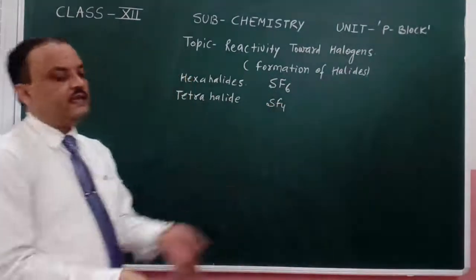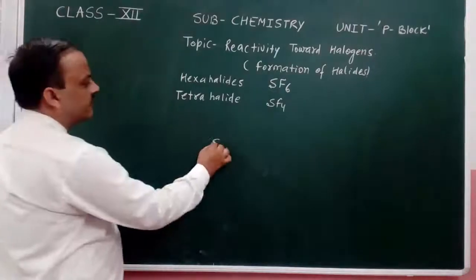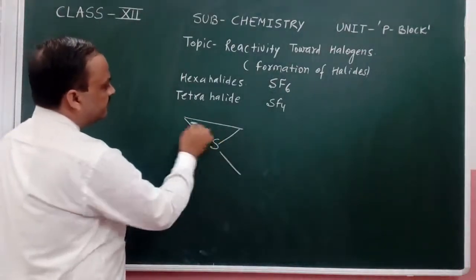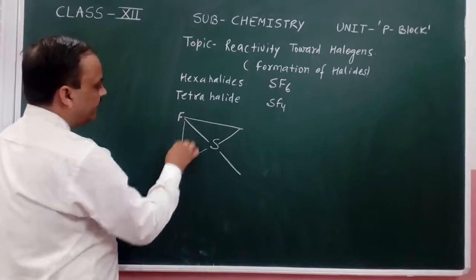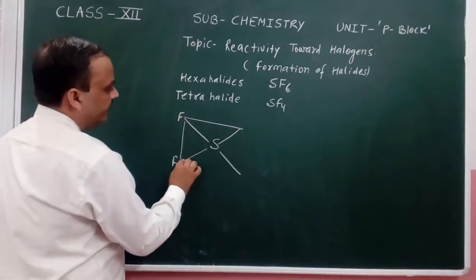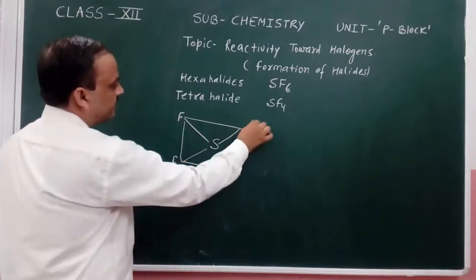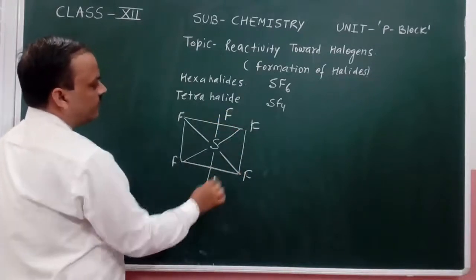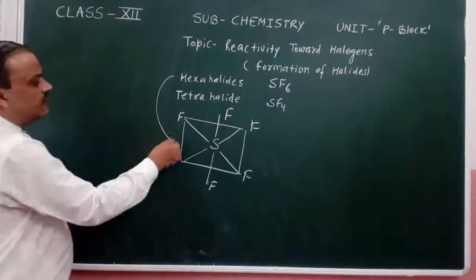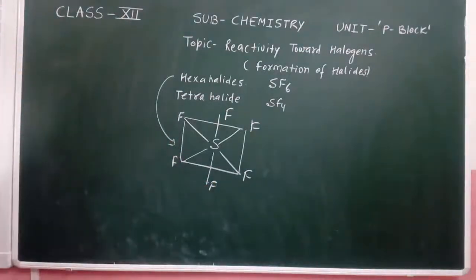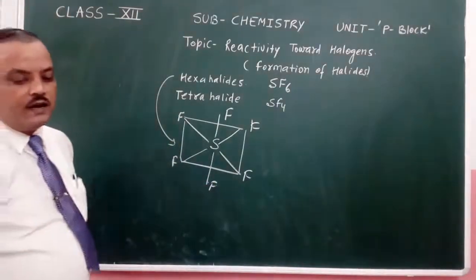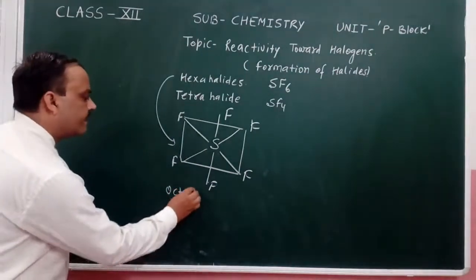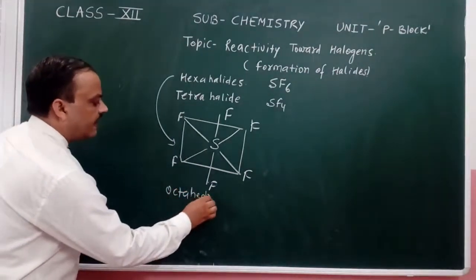When we see the structure of these halides, this structure of hexahalide SF6 with fluorine atoms is an octahedral structure.